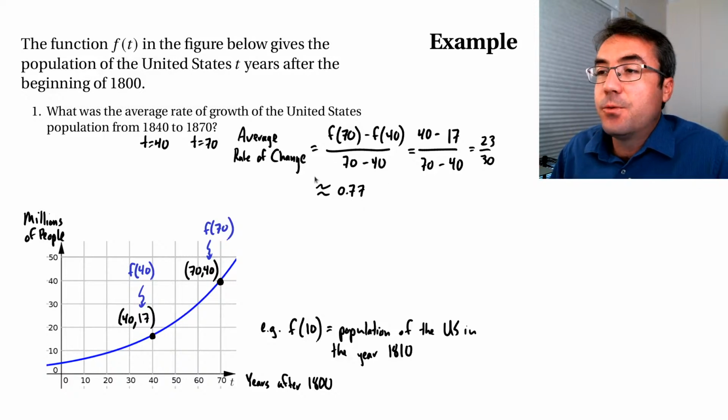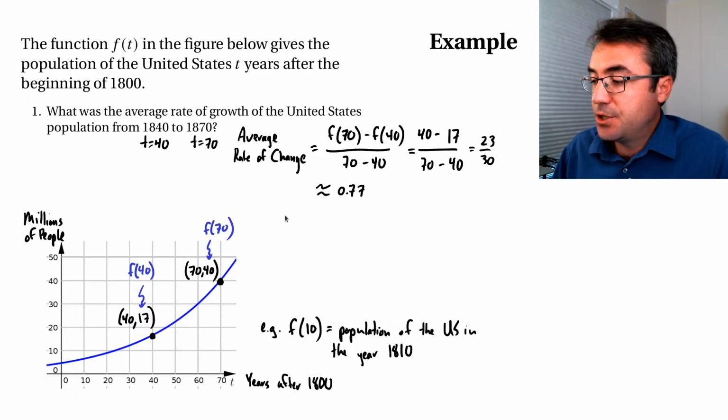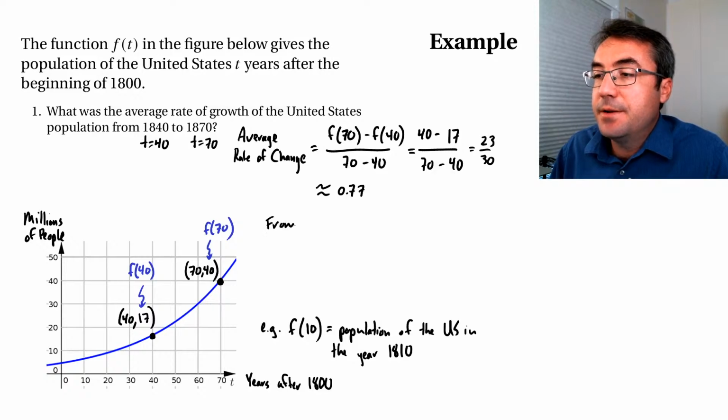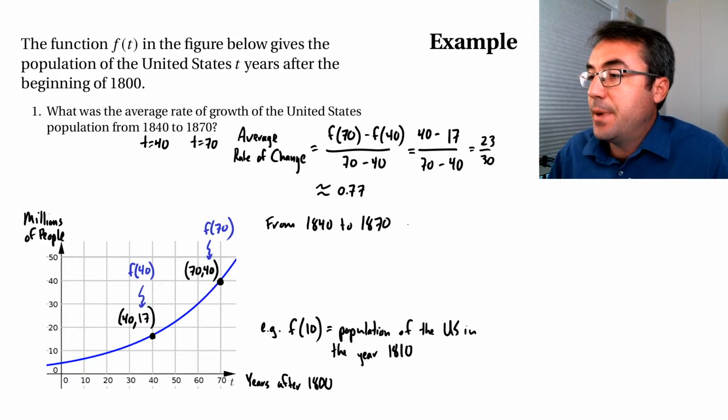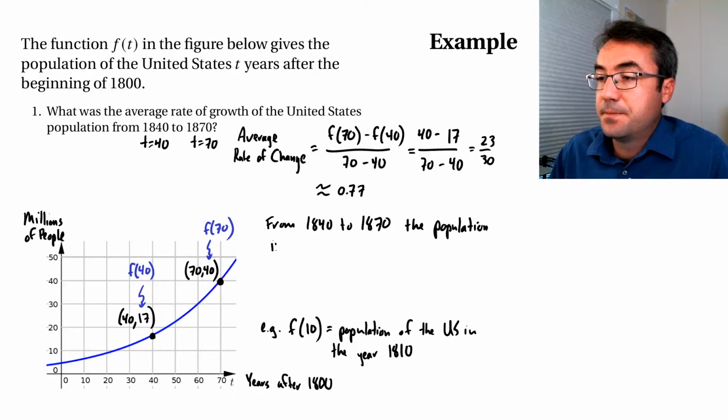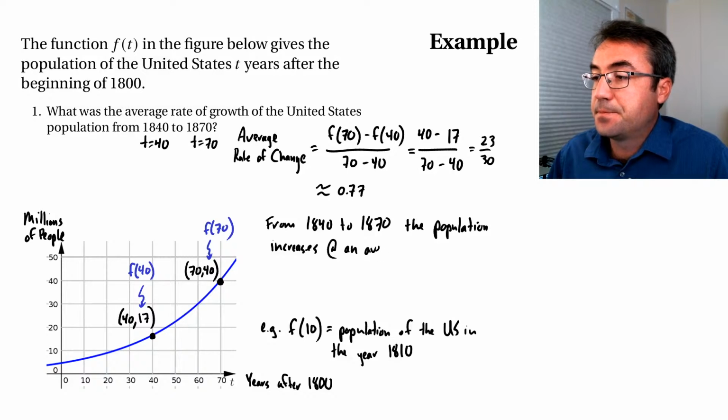When we read from a graph, it's really just an estimation. And so what this average rate of change represents is that from 1840 to 1870, the population increases at an average rate of 0.77, and the units here are millions of people per year.